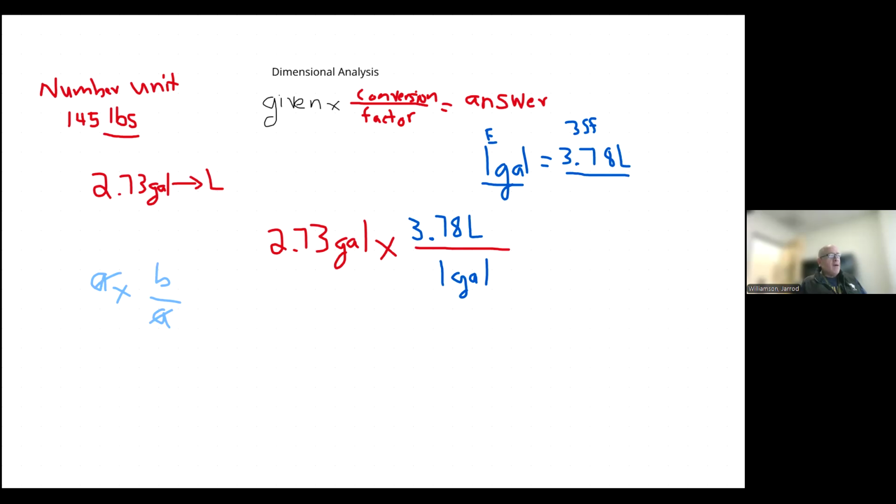Well, if I have gallons times liters over gallons, the units of gallons are going to cancel out.